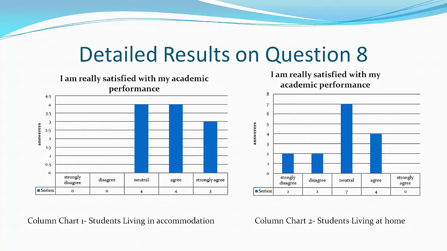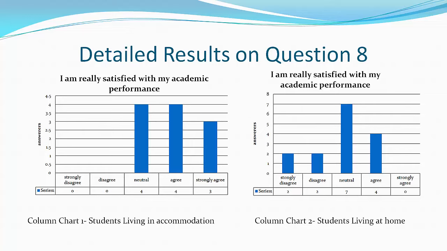As for the eighth question, it sounds like this: I'm really satisfied with my academic performance. For this question, we can see that for the students living in accommodation, it's rather neutral, or they agree or strongly agree. As for the students living at home, it seems they are not that satisfied. We can see two answers that say strongly disagree, two that say disagree, 7 neutral, and only 4 agree.